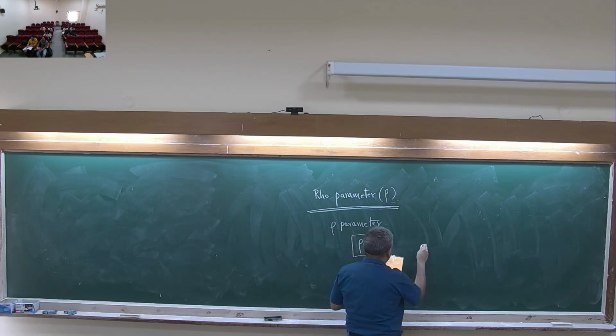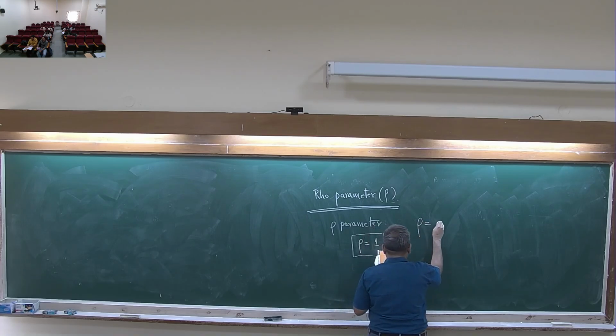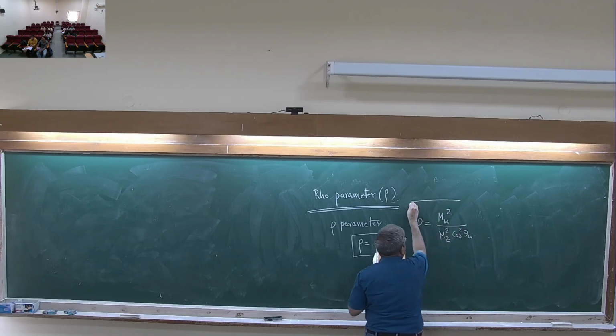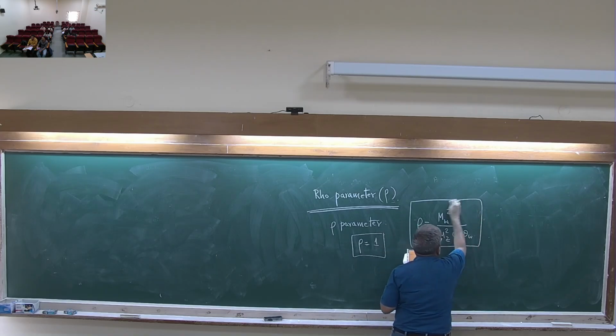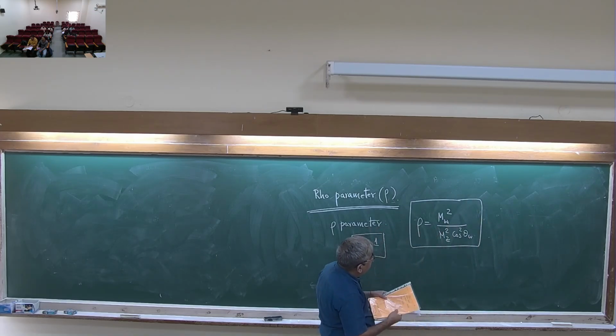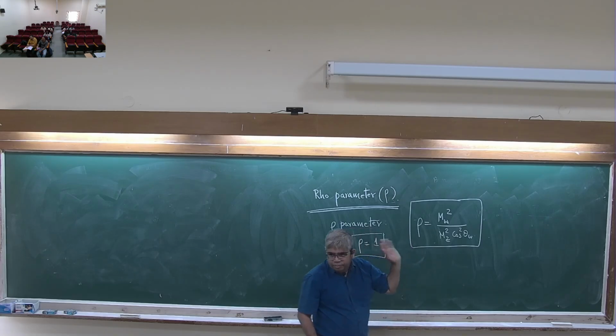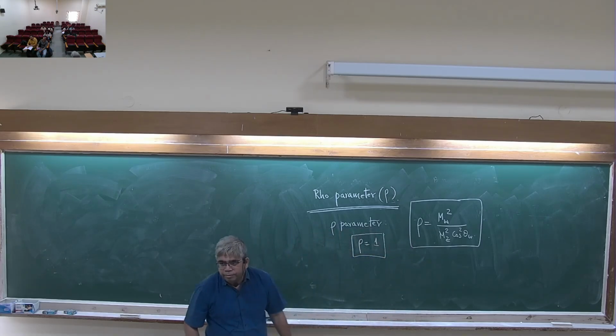It is nothing but the ratio of MW square by MZ square cos square theta W. We write MZ square cos square theta W is equal to MW square, the tree level relationship. You take the ratio and call it rho, nothing else.